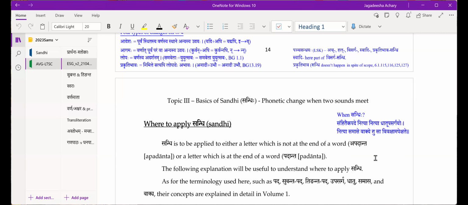In samasa, generally it is always nouns on both sides, except for one exception. When two nouns come together, if there is a possibility of sandhi, like the last letter of the first word and the first letter of the last word are amenable for a sandhi, then sandhi has to be made.